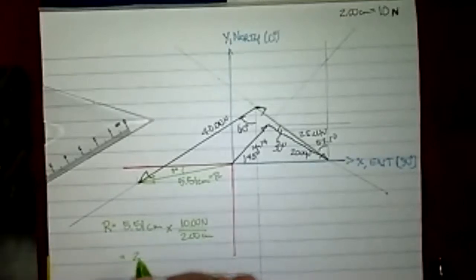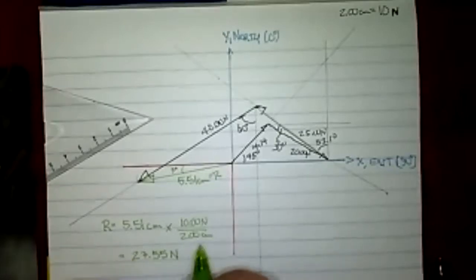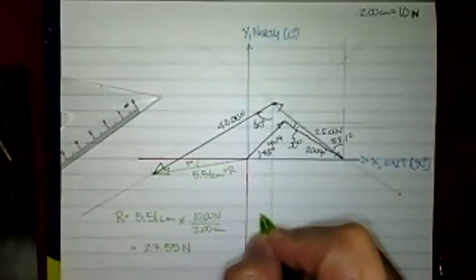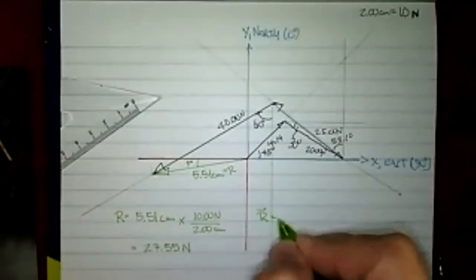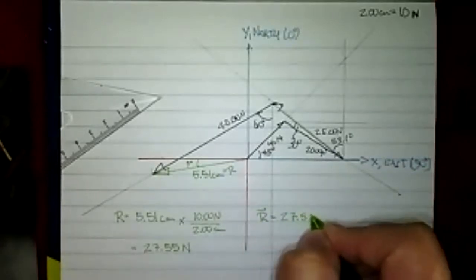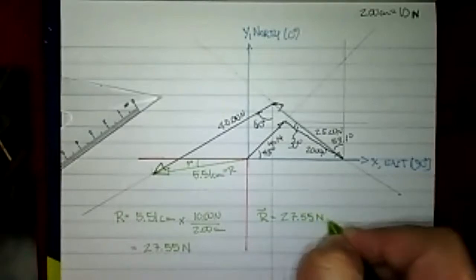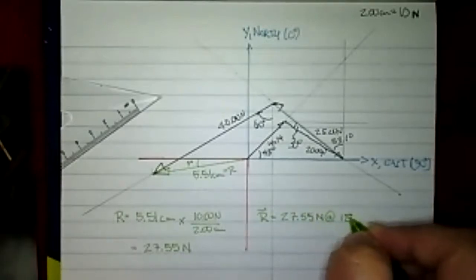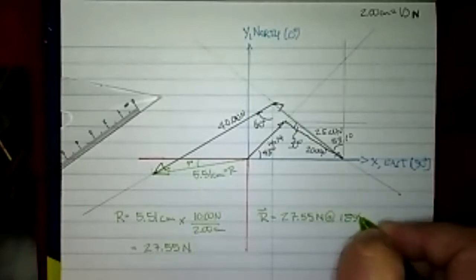Try to focus that a little better. When I multiply those two numbers, I get 27.55 newtons. And I want to say R, the resultant vector, is equal to 27.55 newtons at 189 degrees.